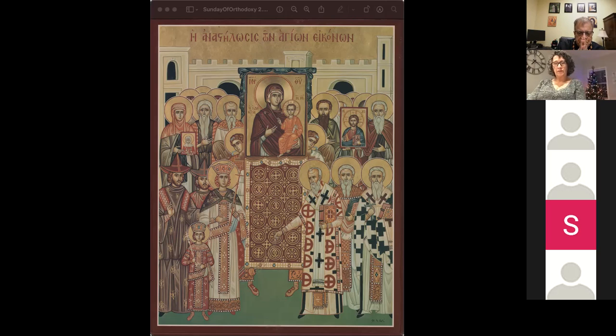Okay, so if you look at the top of the icon, it says, I'm not going to read this in Greek, well, I can try. The Anastelosis tin Ikonon, the restoration, I think is a good word for that, of the holy icons.